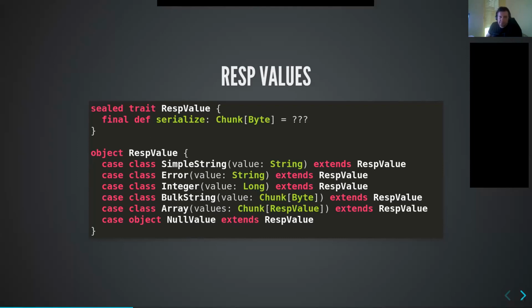We used a simple encoding, simple ADT there to represent all 6 possible values, and we call the ADT RESP value. And the purpose of this ADT is to provide a way to serialize contents into byte chunks that will be transported over the wire, and then provide the machinery, which you don't see on the slide, to deserialize byte chunks received from server and rebuild the RESP values that you see.